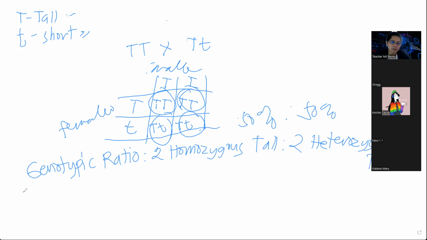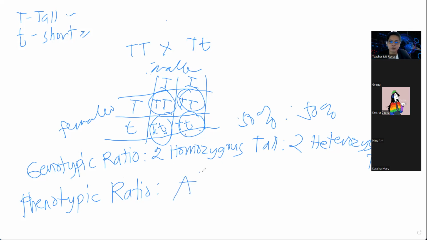How about in a phenotypic ratio? We're going to look at it in phenotypes. Phenotypic ratio means that these are all observable behavior or physical attributes, or the ones that you can actually observe. As you can observe, even though heterozygous tall carries short, since tall here is dominant, you can actually observe that these are all tall.